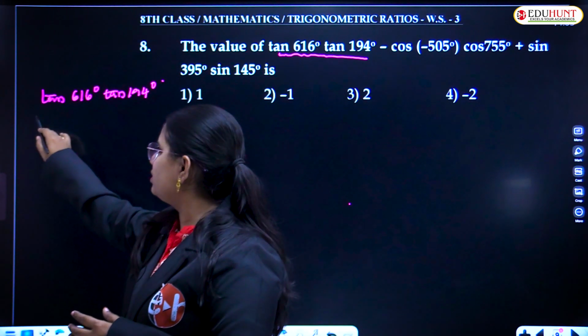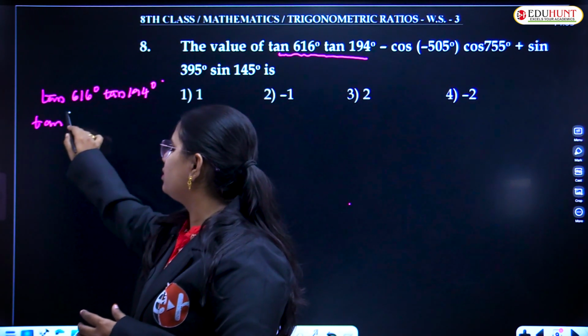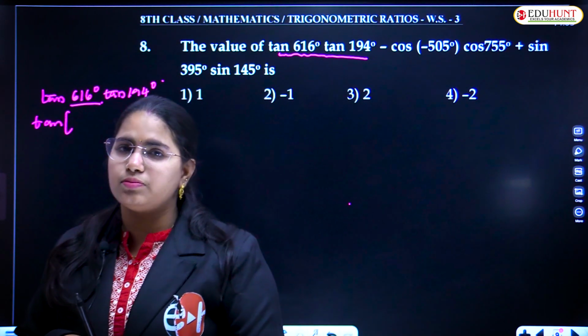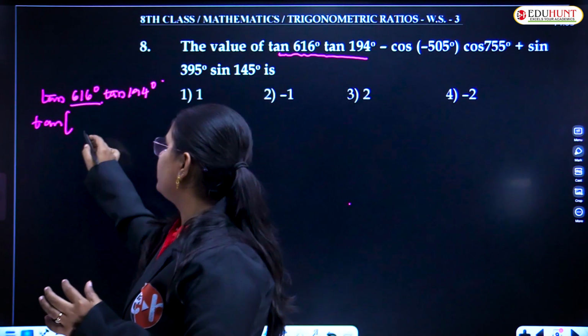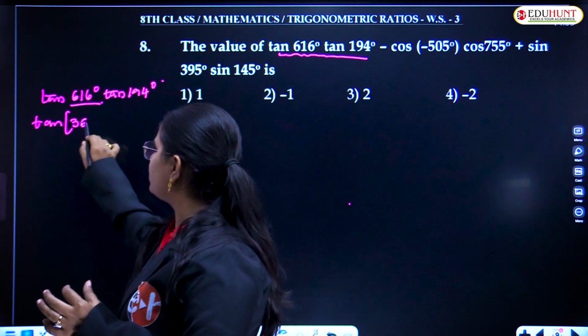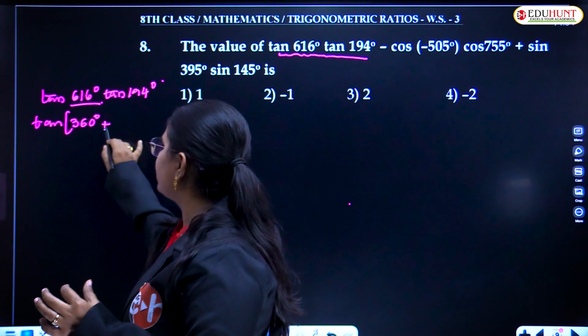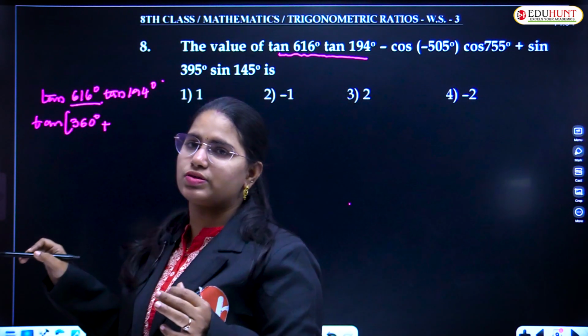See, tan 616, how can it be solved? Which allied angle is very close to 616? It is 360 degree, right? How much do you need to add to 360 to get 616?